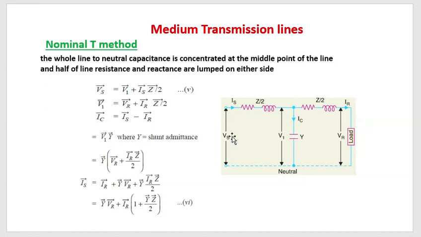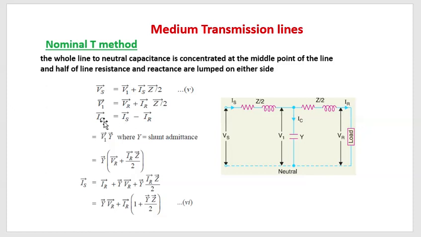So Vs will be equal to V1 plus this voltage, and V1 will be equal to VR plus the drop in this branch, which is V1 equal to VR plus IR into Z over 2.